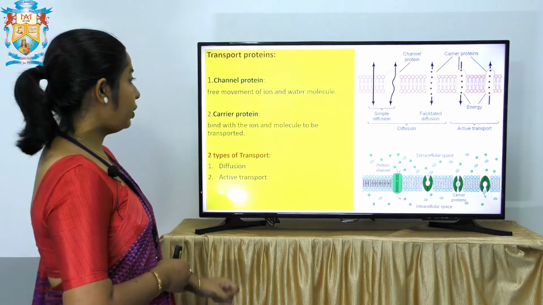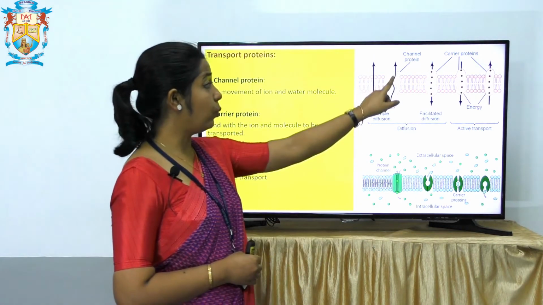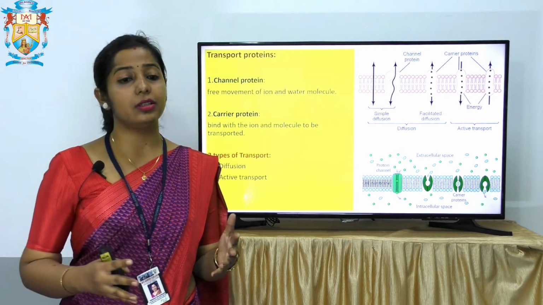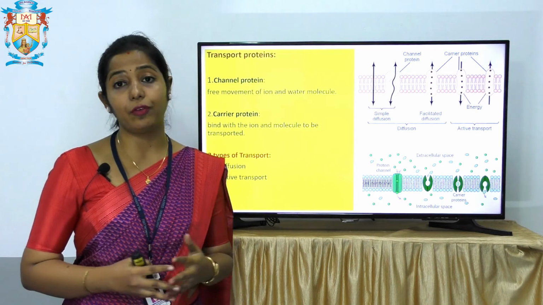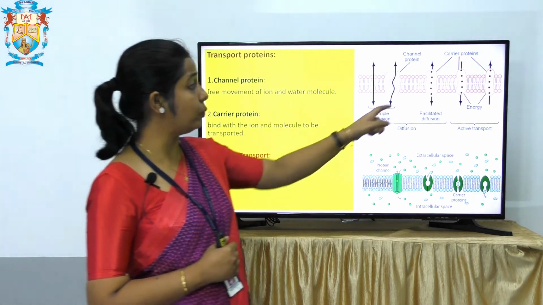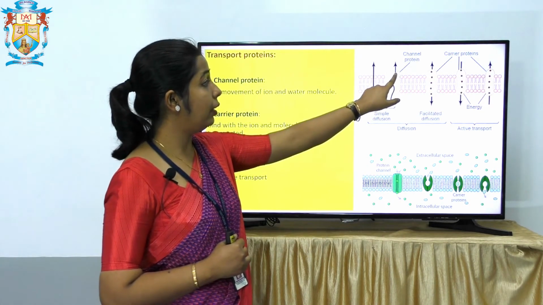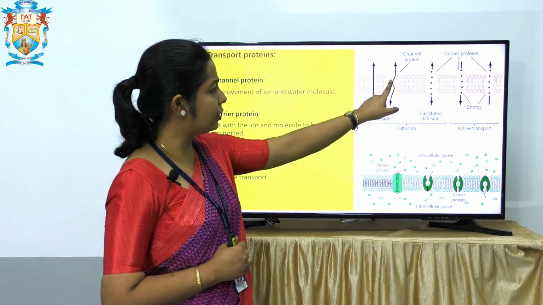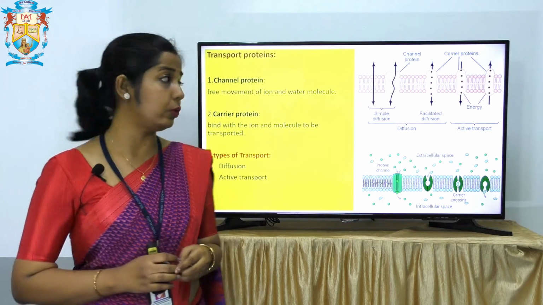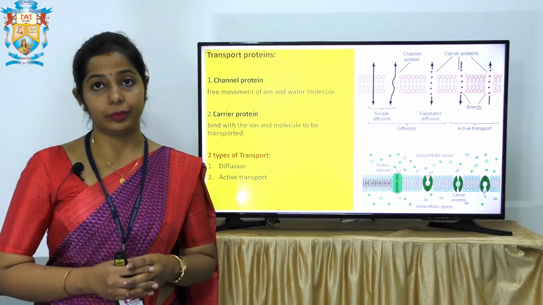This channel protein allows the free movement of ions and water molecules. As we all know, the core of the membrane is hydrophobic, so water and any polar molecules cannot be easily diffused across the membrane. So they need proteins surrounded by hydrophilic molecules, so that water can easily cross through this channel.